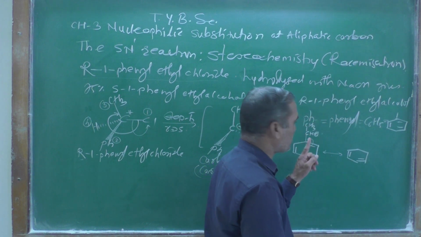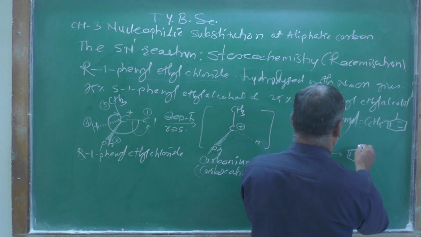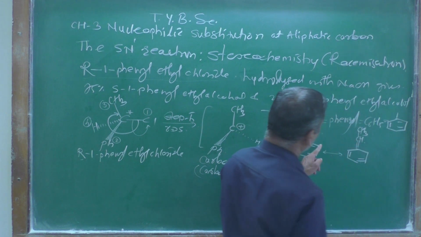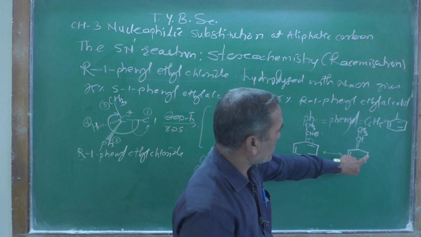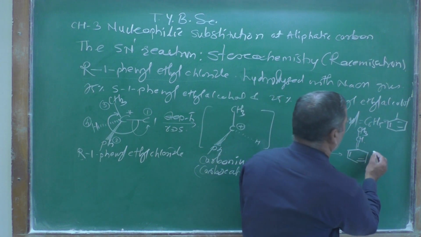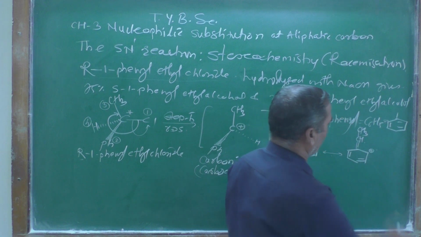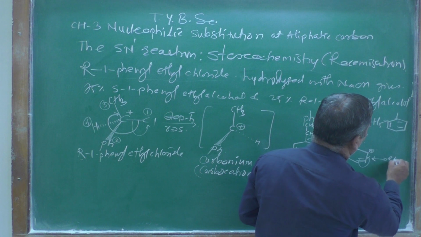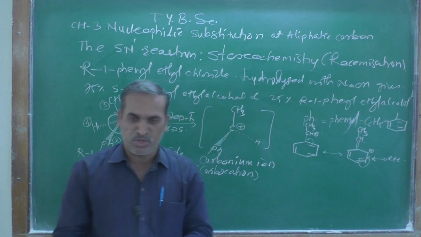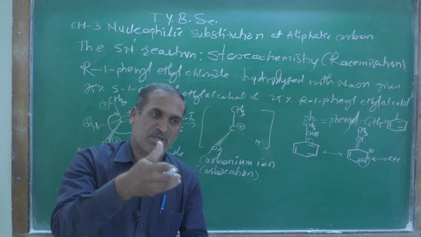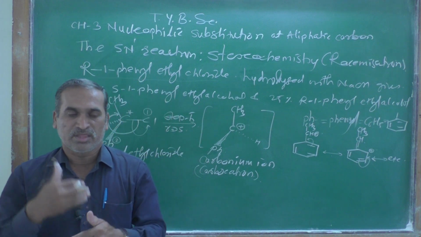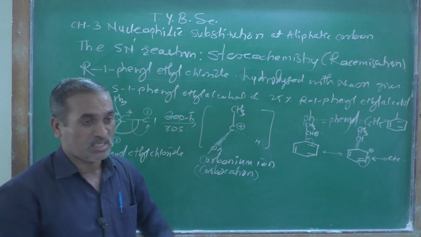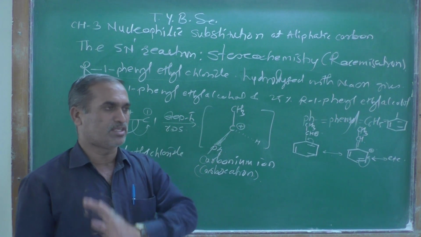When I shift this double bond from here to here, there is a double bond formation with CH3. What type of charge is present on this corner point? There will be a positive charge, remember. And next, again this double bond shifts from here to here, and so on. As we know, as the number of resonating structures goes on increasing, the stability of that molecule goes on increasing, and therefore this carbocation is highly stable.